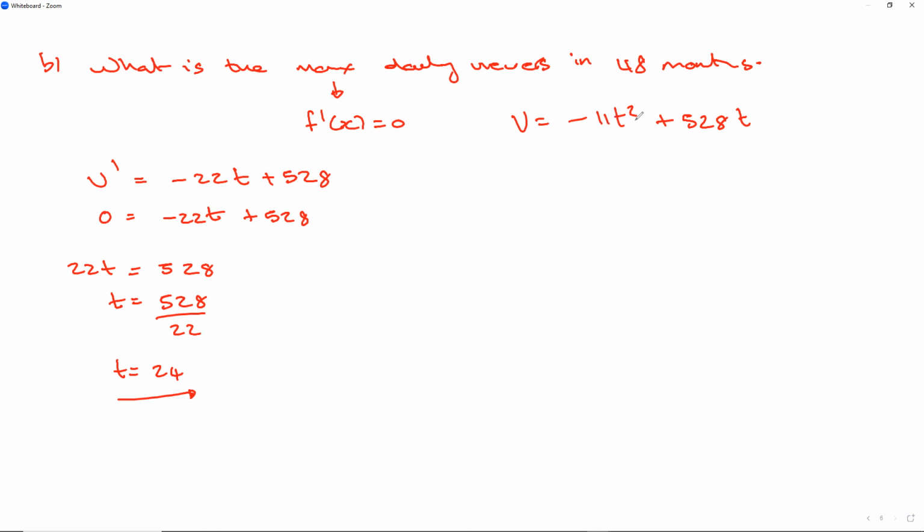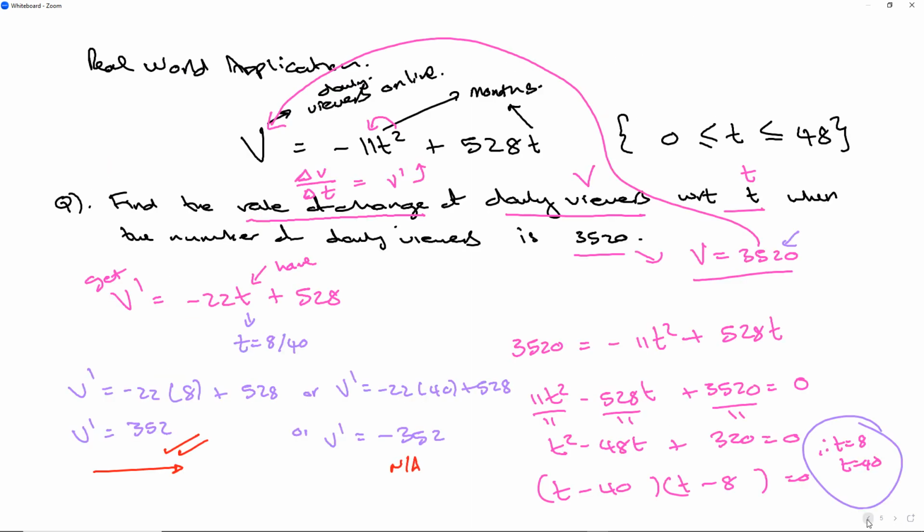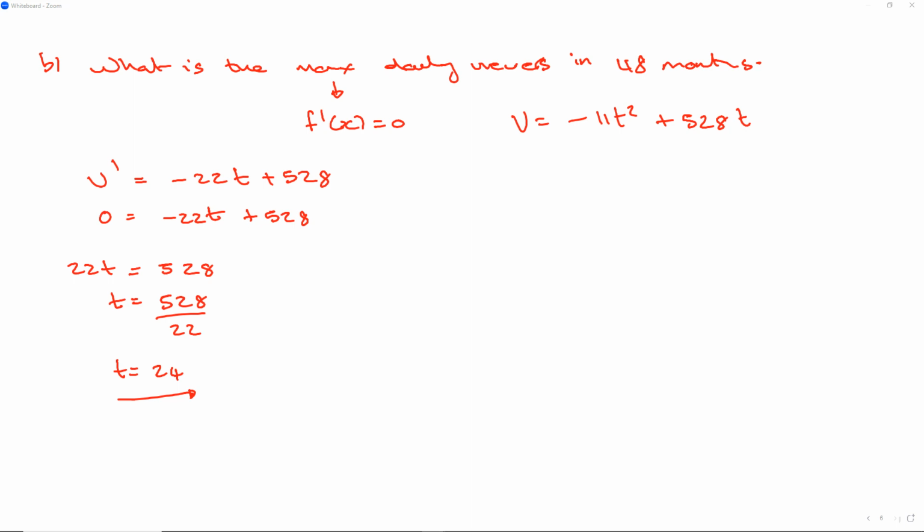Remember the original function over here was given as negative 11t squared plus 528t. And we know that function, by the way, is a parabola. If I sketch this function, it would firstly be a sad-shaped parabola because it's negative, and it would be going through 0 because it has 0 as a y-intercept.